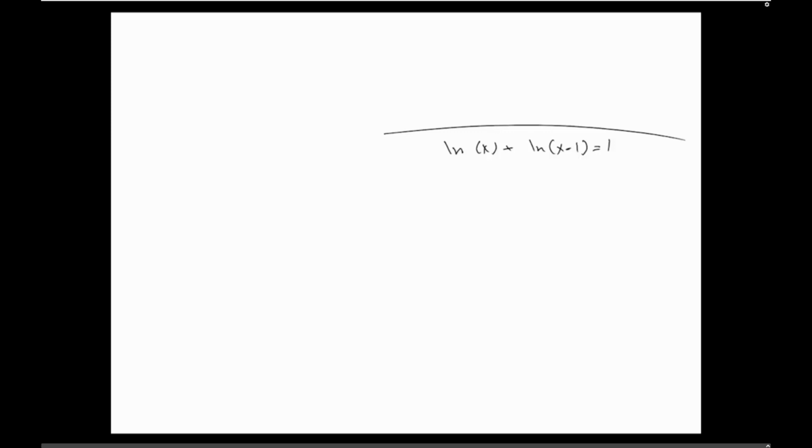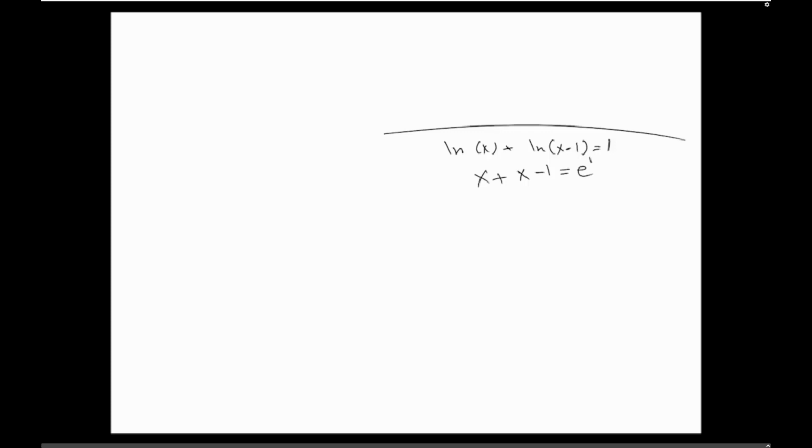And we're gonna multiply by e, so we're gonna get x plus x minus 1 equals e raised to power 1.